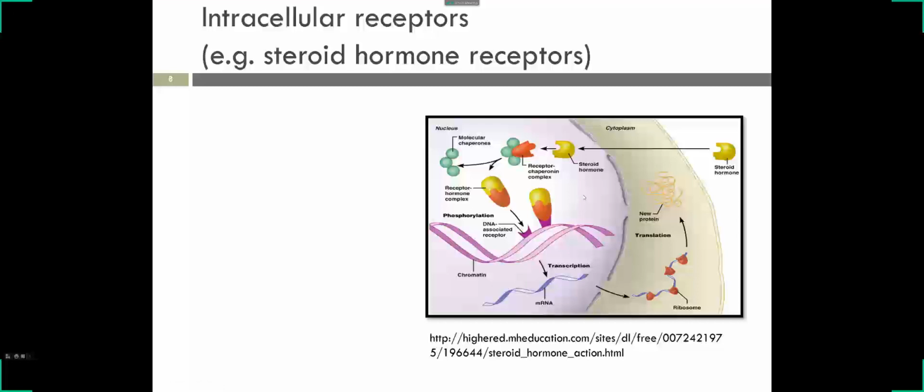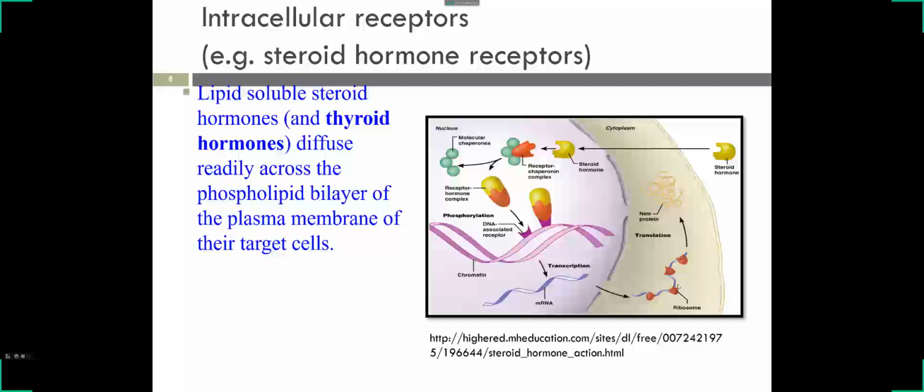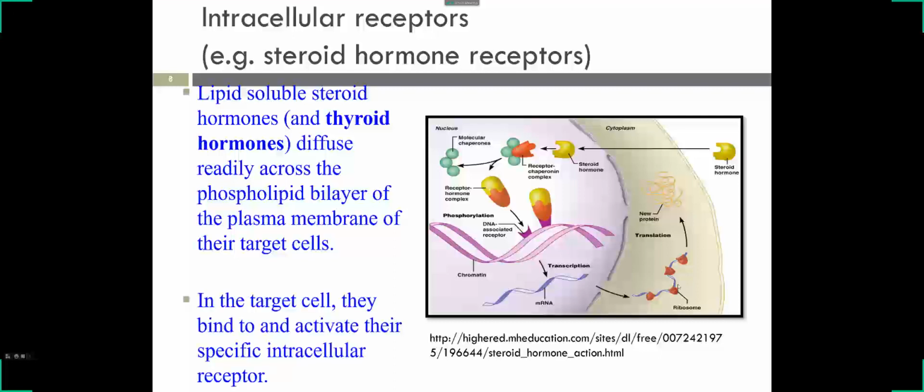It will bind to this receptor, and then usually it can act as a transcription factor and bind DNA and immediately impact transcription and translation. And remember, we talked about the timing of effects, right? Because it can diffuse readily across the phospholipid bilayer, and it can bind and activate these intracellular receptors and modify transcription and translation.